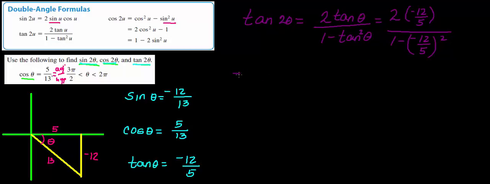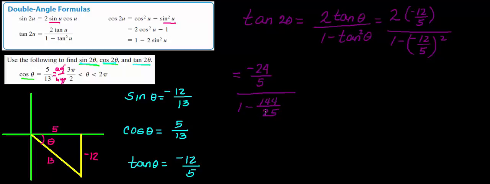Okay, so this will equal 2 times this, which is just negative 24 over 5. And in the denominator, I'll have 1 minus, the square of 12 is 144, and the square of 5 is 25.